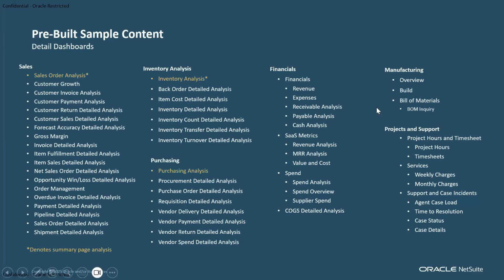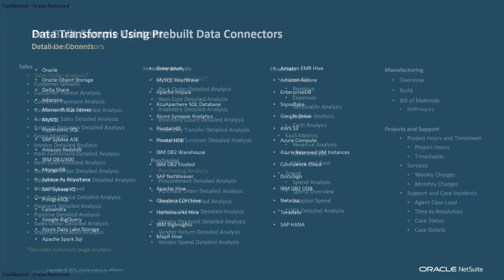And then in manufacturing, there are different areas where you might want to look at work orders, your bill of materials, and then of course in projects and support, we have different areas that you can look at there as well. But these are all of the out-of-the-box dashboards that come with the product.